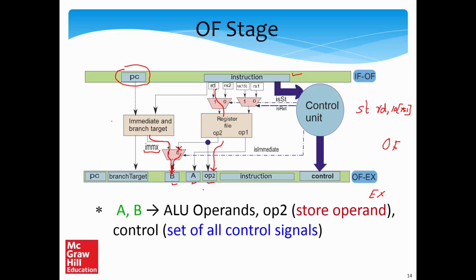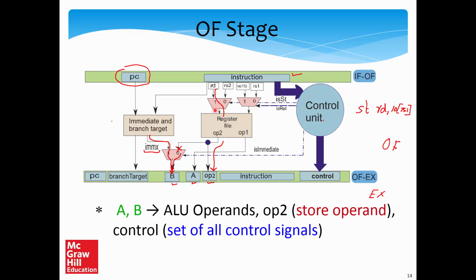So that's the reason for a store we will require OP2, which is the contents of RD. So let me maybe use a laser pointer. So we will need OP2, which is the contents of register RD. So that needs to be stored, right? So that will flow via this route, because if is store is 1, then we will access the register file with the contents of RD, which is the destination register.